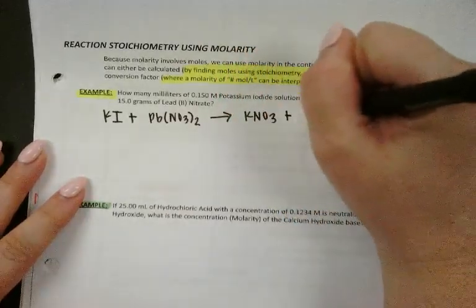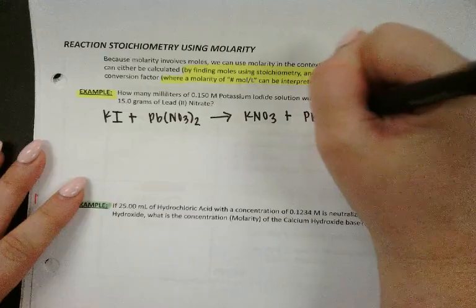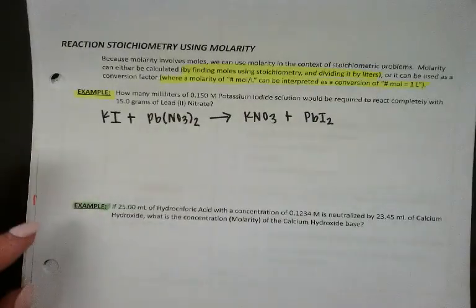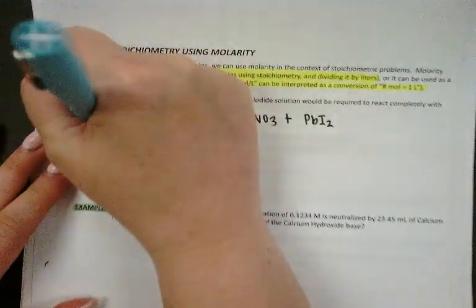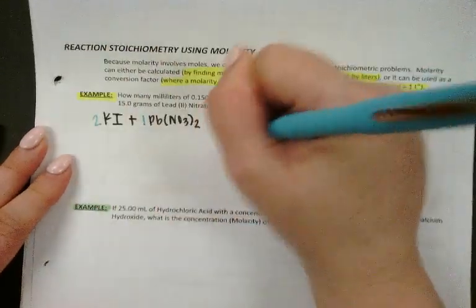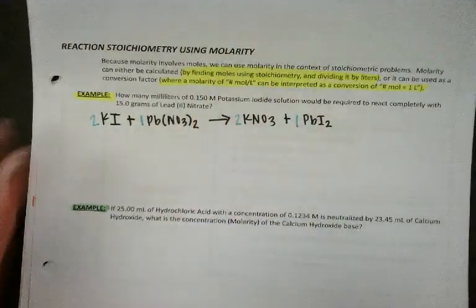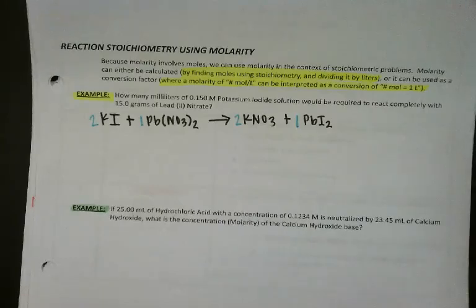And my other product is PbI2. Now, what do I always have to do when I write out a balanced equation? Yes. Not states. I don't care about states anymore right here. Balance, very good. So for time purposes, 2, 1, 2, 1.